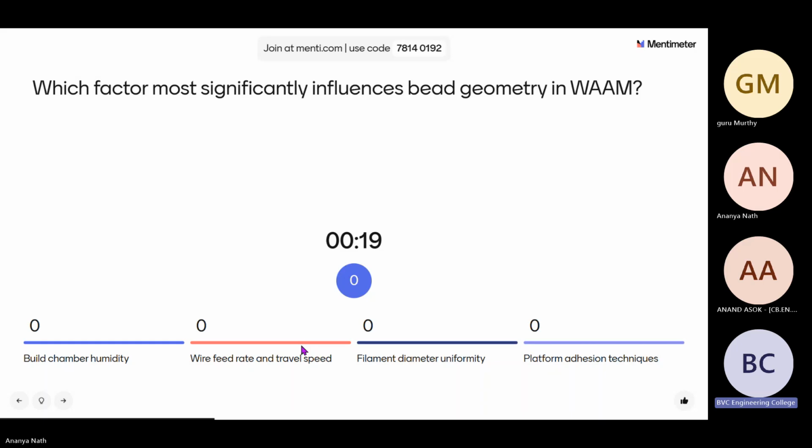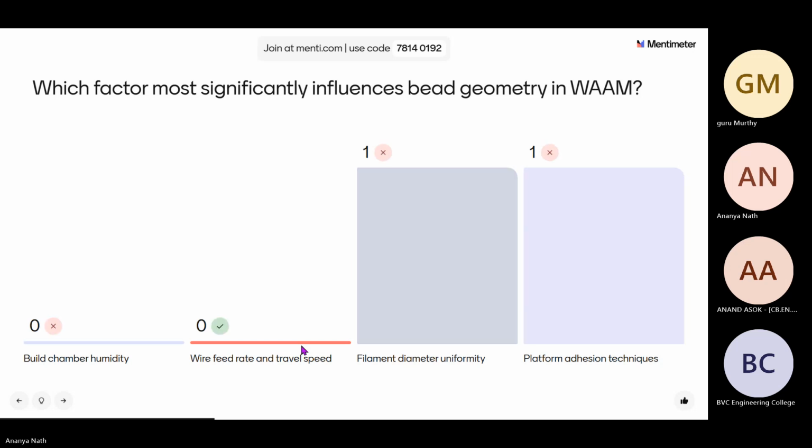Great job. Which factor most significantly influences bead geometry: wire feed rate and travel speed?